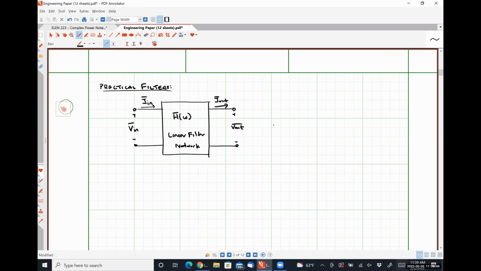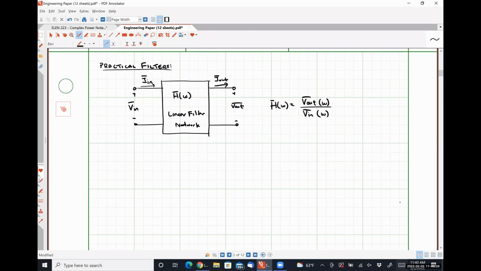So we can say that H of omega, for the purposes of this class, is simply the ratio of the output voltage as a function of frequency divided by the input voltage as a function of frequency, which is nothing more than a frequency dependent gain, like we saw in our op-amp circuits. All that kind of good stuff. Okay. So let's look at a practical filter circuit.